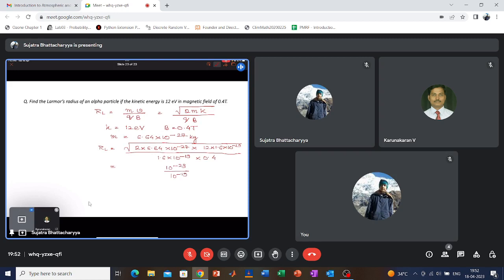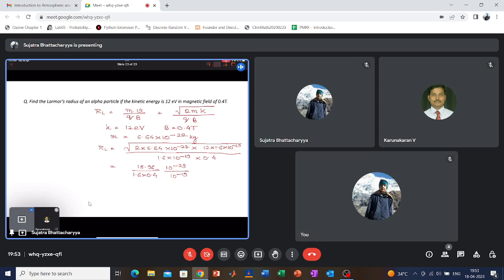If I calculate the other things in the numerator, 2 into 6.64 into 12 into 1.6, take its root, we get 15.96 divided by 1.6 into 0.4.